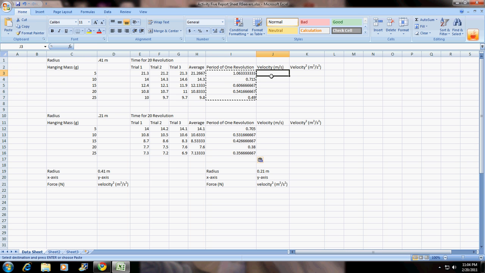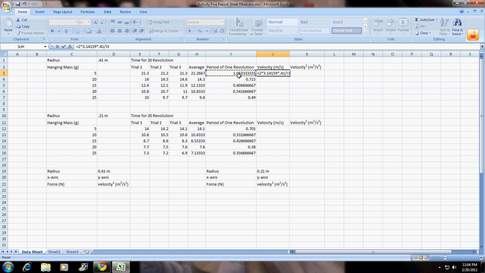Now I gave you an equation for the velocity: the velocity was equal to 2 times pi times the radius divided by the period. So I need an equation, so I'm going to put an equal, 2 times pi, which is 3.14159, times the radius, and the radius is 0.41 in this case, so that's 0.41 divided by the period.